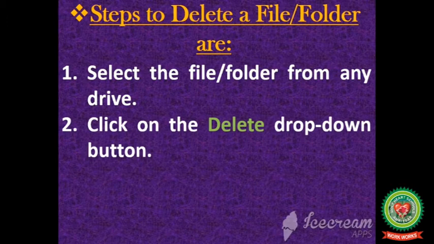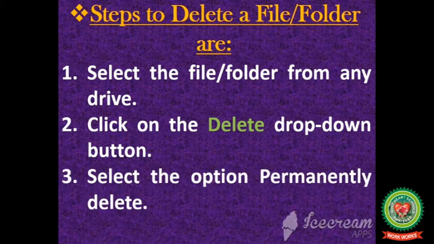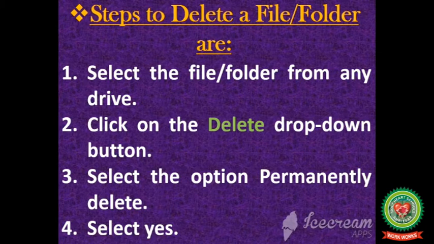Second, click on the Delete drop-down button. Third, select the option Permanently Delete. And fourth, select Yes. So let's do its practical on Windows 10.